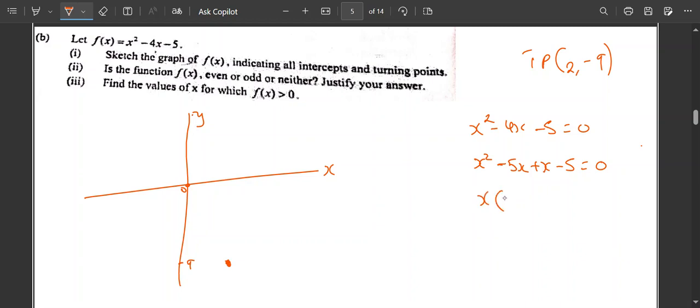What is common there is x, then minus 5. Then what is common here is 1, with x minus 5, so it equals 0. We can see that x plus 1 is equal to 0 and x minus 5 is also equal to 0, so x is equal to negative 1 and x is equal to 5. Hope that is clear.